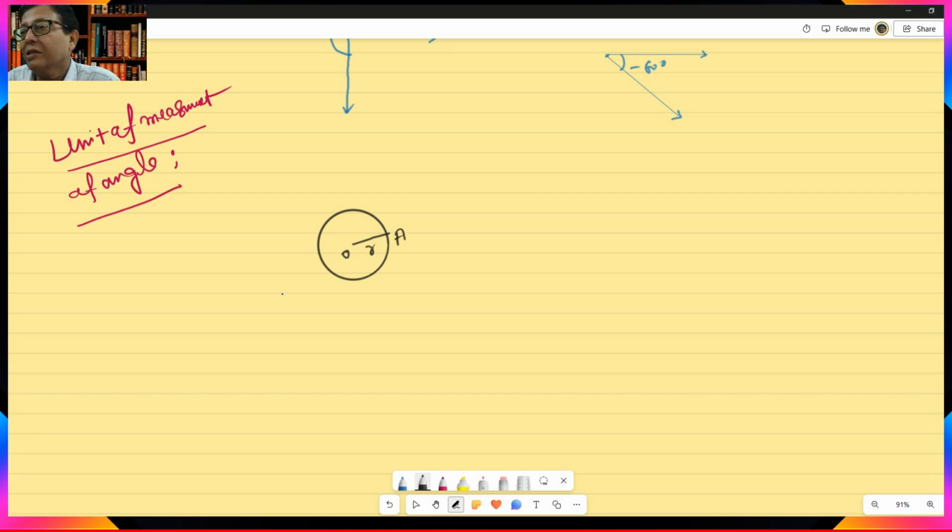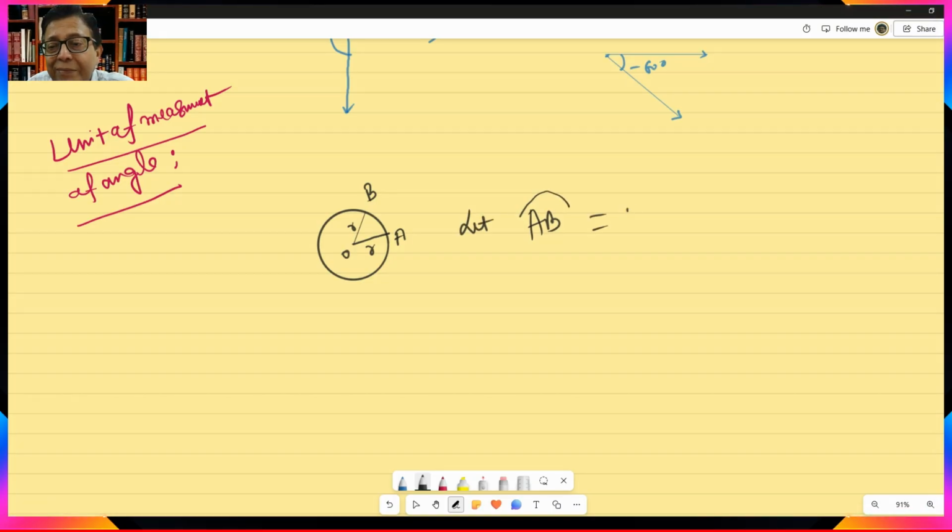This OA is the radius that is equal to r. OB is also radius that is r. Length of the arc AB will be represented by this symbol. Let AB is also r. Okay? AB is also r. Then this angle will be 1 radian.